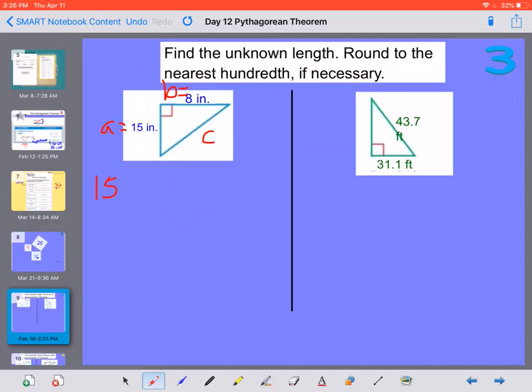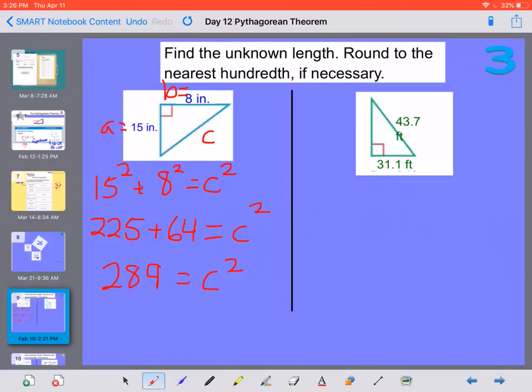So we have 15 squared plus 8 squared equals c squared. So how we do this then is we find what 15 squared is. So that's 15 times 15. And we get 225 plus 64, because that's 8 squared, equals c squared. Then we do 225 plus 64 and get 289 equals c squared.